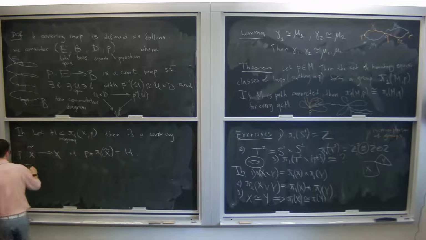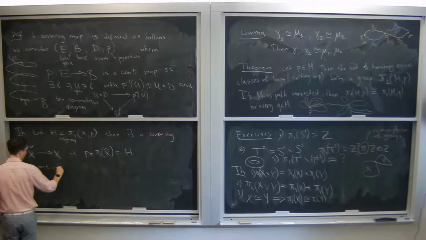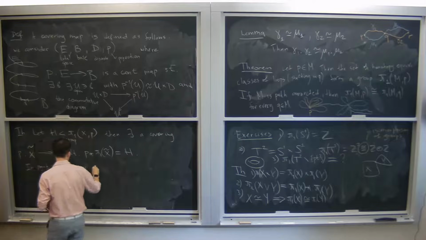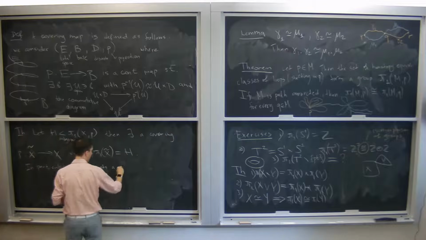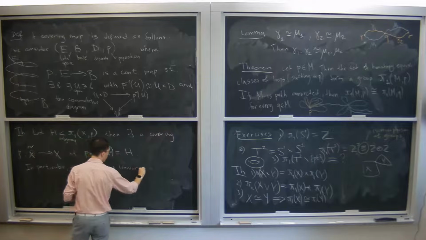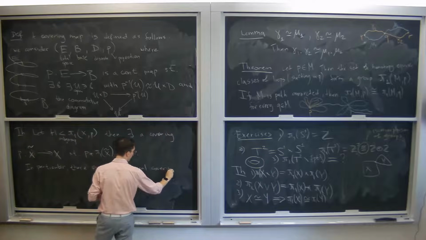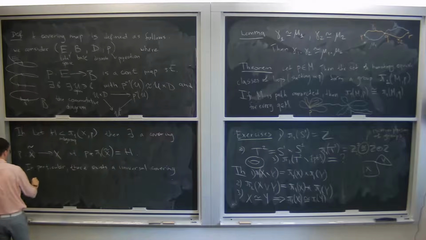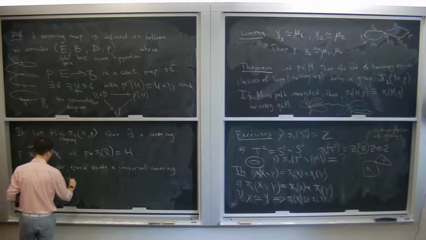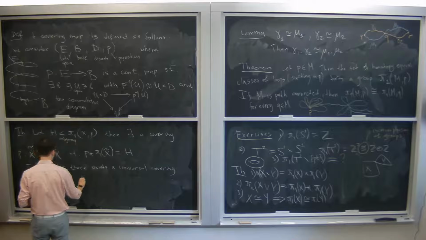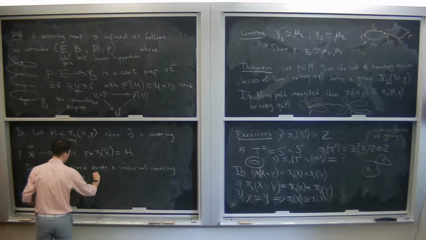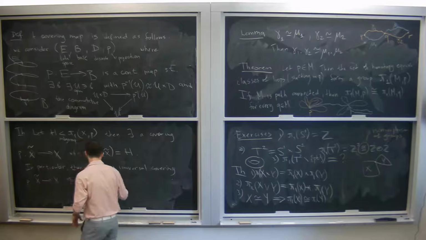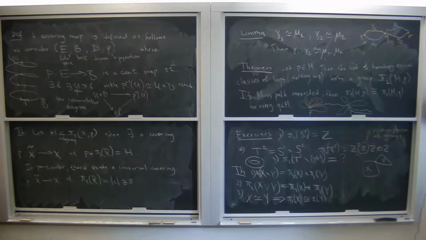In particular, there exists a universal covering p from X tilde to X, such that pi1 of X tilde is just the trivial group, the identity, which can also be defined with just the zero abelian group.